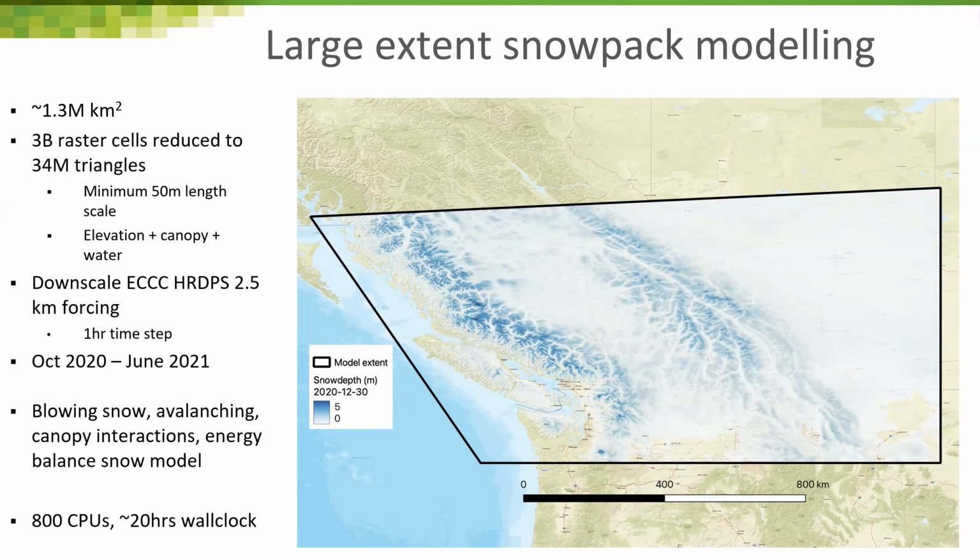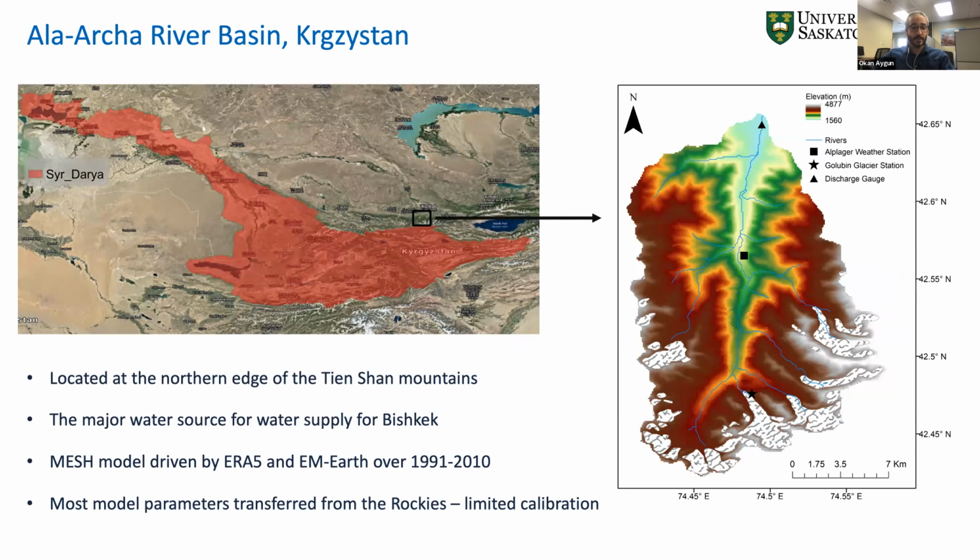Due to the lack of observational data across the Syr Darya River Basin, we first set up a MESH model for the Ala-Archa River Basin, which is a headwater basin located at the northern edge of the Tian Shan Mountains in Kyrgyzstan. The river has a drainage area of 300 square kilometers, 15% of which is covered by glaciers.